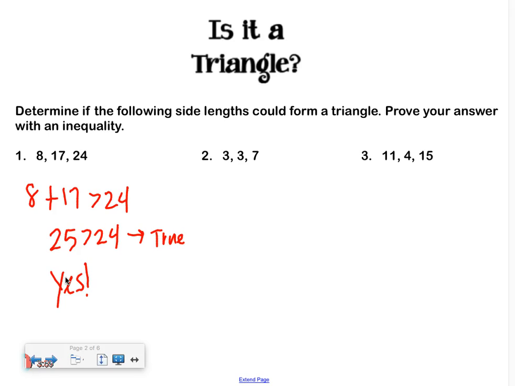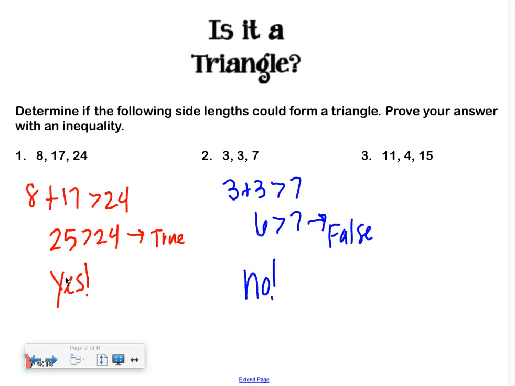What are my two smaller sides on number 2? Is 6 greater than 7? False. That's not true. So no, it doesn't work.